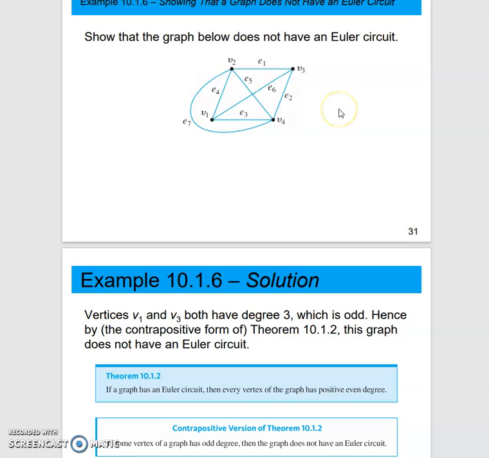Do I have any vertices which have an odd degree? Yes, I do. Vertex 1 has 3 things coming off of it, so it's got an odd degree. Vertex 4 is even, but vertex 3 up here is also odd. So using that, I would say this graph does not have an Euler circuit.